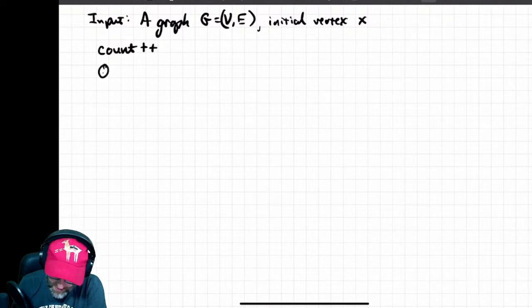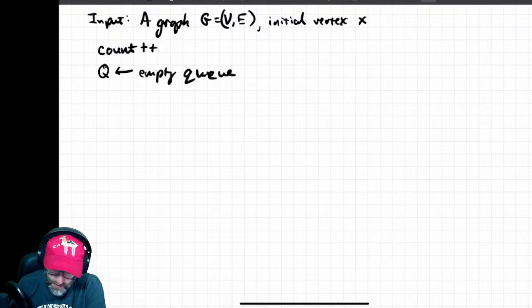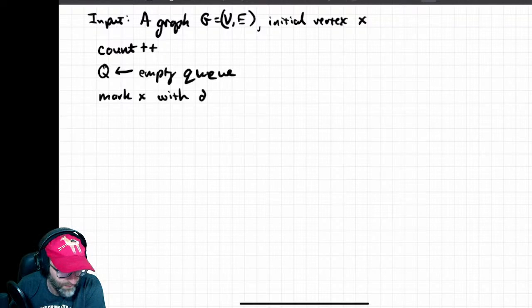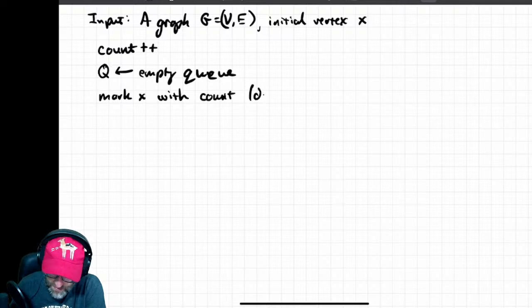I am going to initialize an empty queue. I will mark X with discovery time, with counter, excuse me. This is, again, the discovery time.